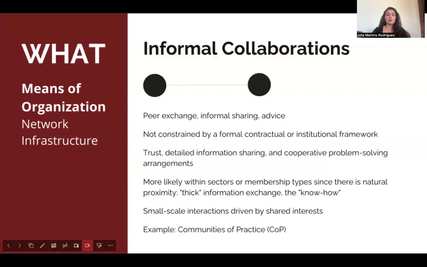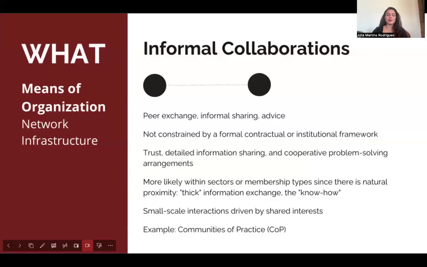Now, while these informal collaborations might seem like weak ties, and in some ways they are, as we will discuss later when we talk about the importance of institutionalization for sustaining networks, they are actually crucial. They play a significant role in spreading information and resources.